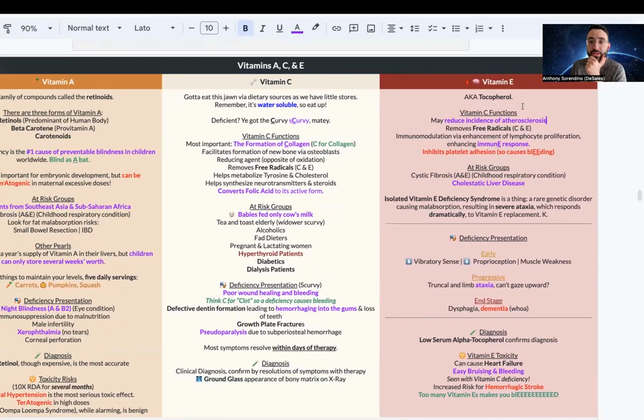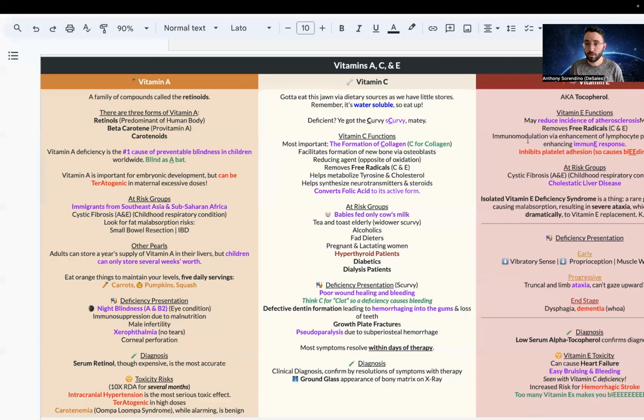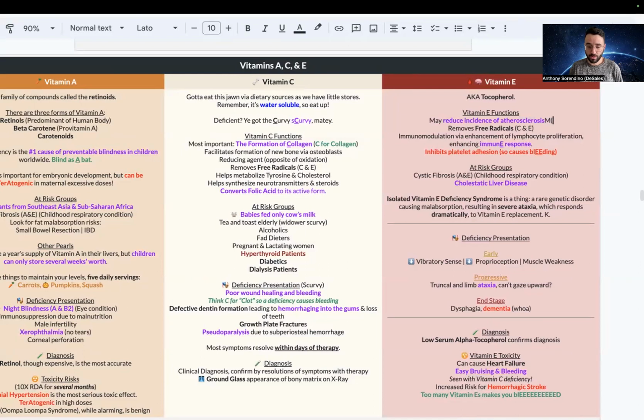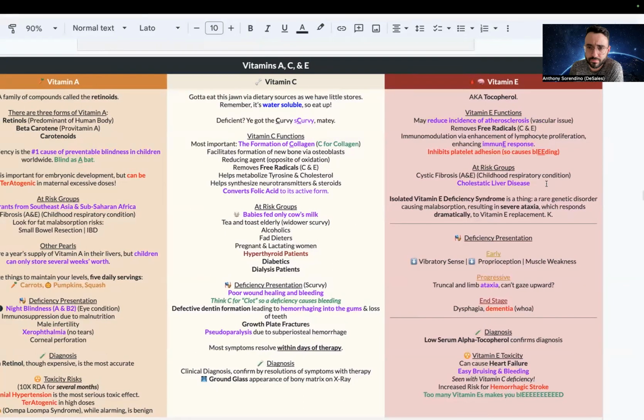Oops, this is vitamin E. Forgot to change that. This seems important. Um, vascular issue. Make this purple.